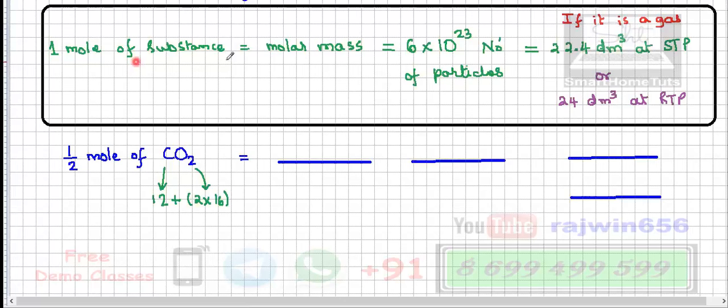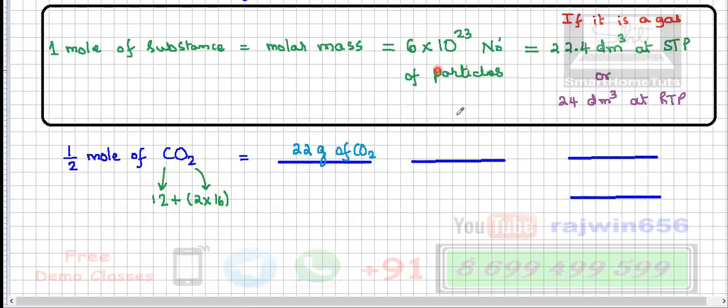That is provided if it is 1 mole. So if it is half mole, instead of 44, it is going to become 22 grams of CO2. So 1 mole is 44 grams. So half mole will be how much? Simply on cross multiplication, you are going to get 22 grams of carbon dioxide.